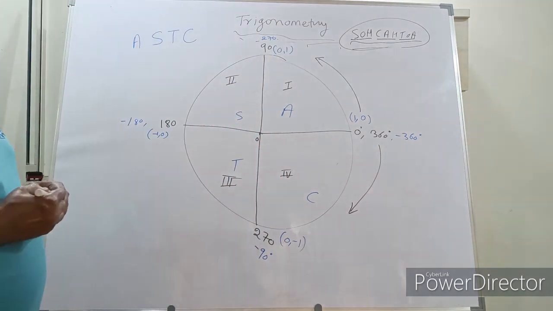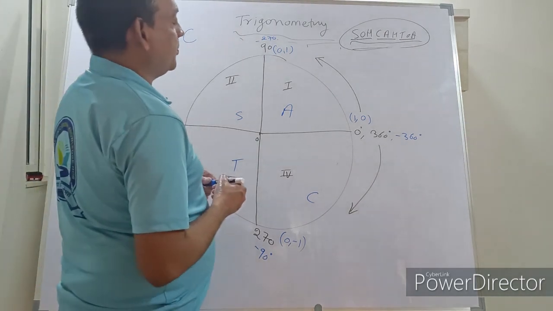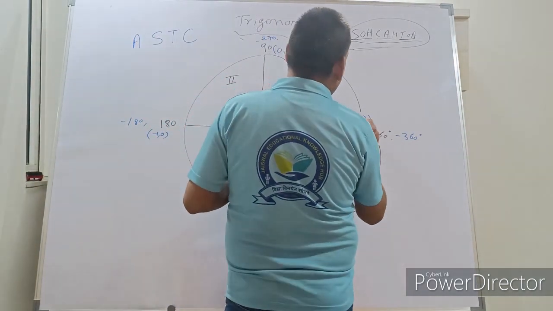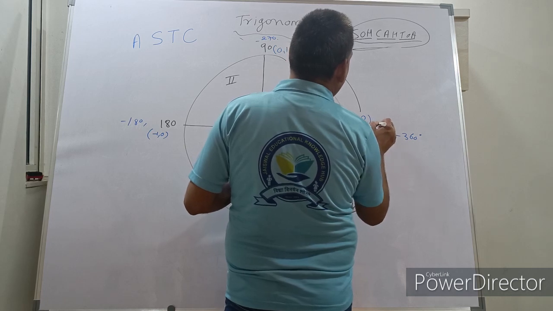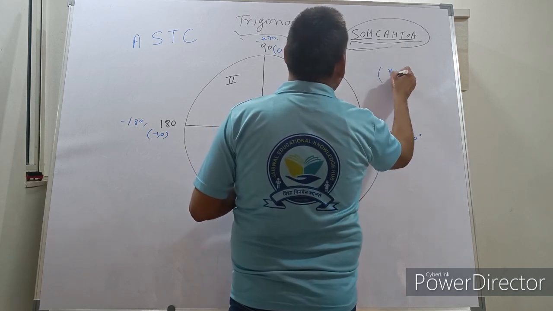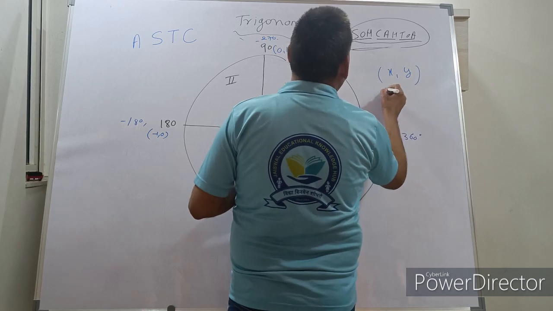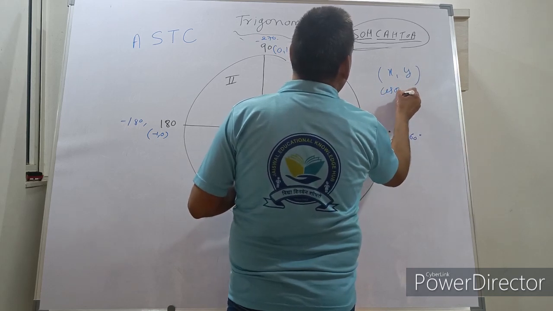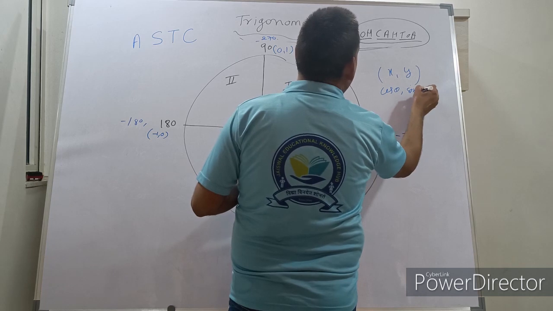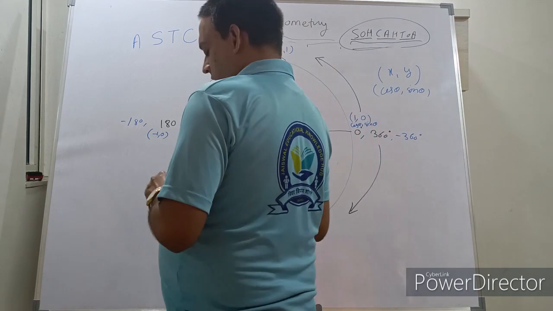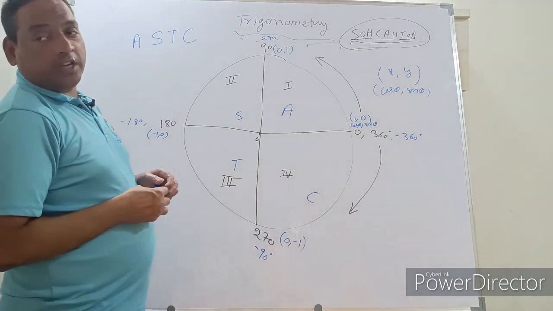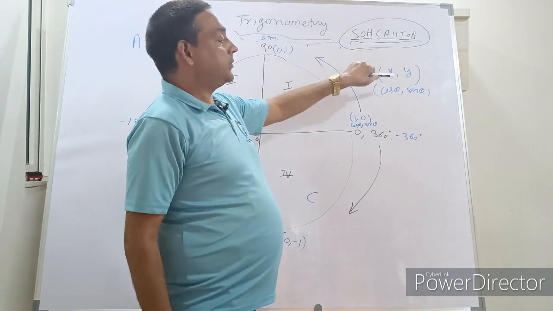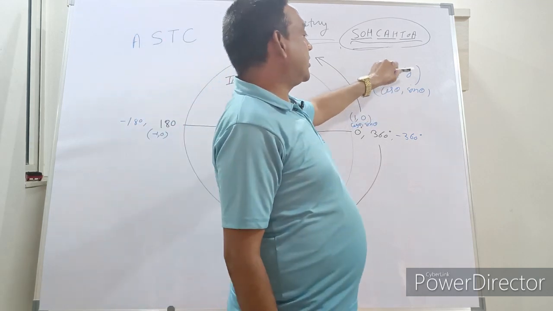These are the coordinates, and the first one, the x coordinate, is nothing but the cos and the second is the sine. The way we write x comma y here, in trigonometry this becomes cos theta and the second becomes sine theta. Clear? The first one is cos theta, the second one is sine theta. X is nothing but cos theta, y is nothing but sine theta.